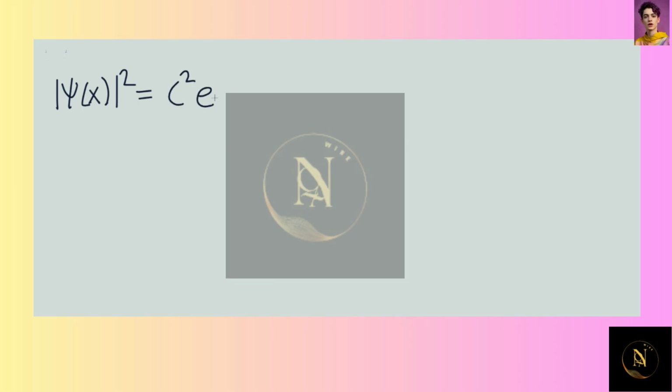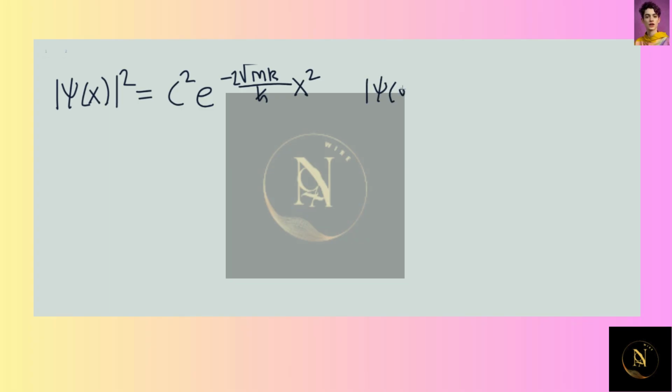So we have c squared e to the negative root mk x squared. Actually, I think it should be 2 root mk h bar x squared. That's just doing some exponential math.